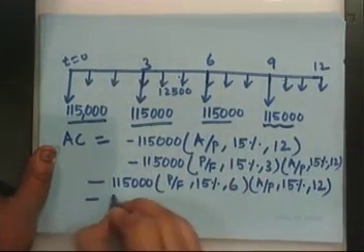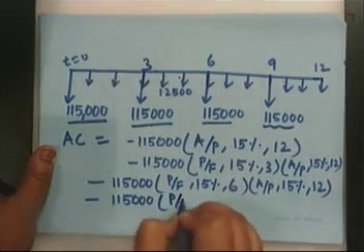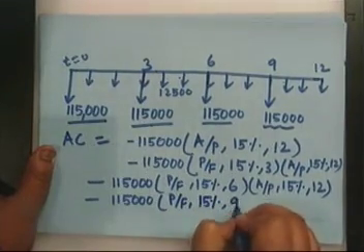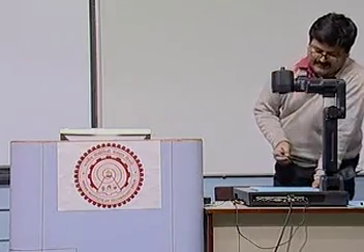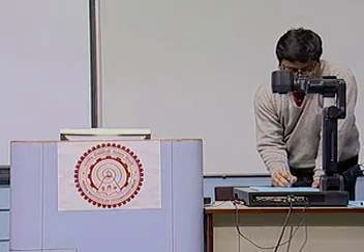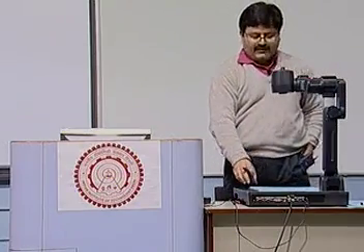So it is minus 115,000 P given F 15% 9 multiplied by A given P 15% 12, and I will be adding 12,500 in this. It is simple because it is already in the form of annualized cost.